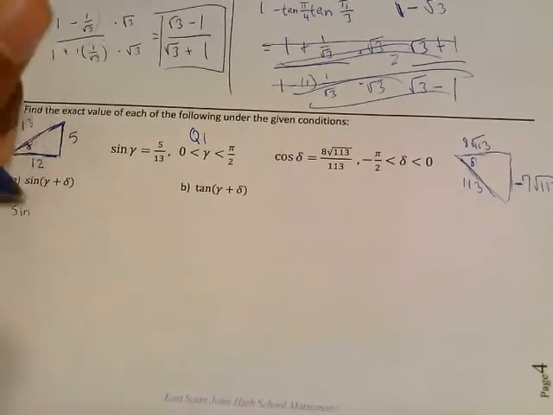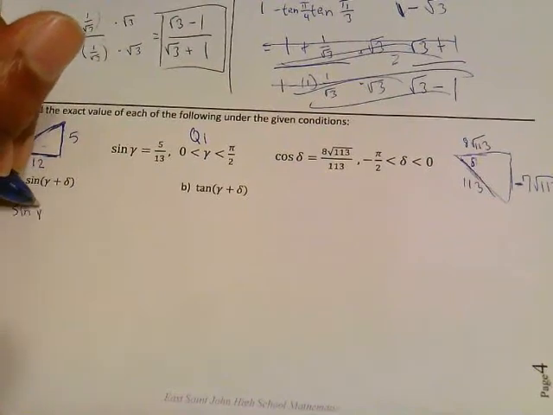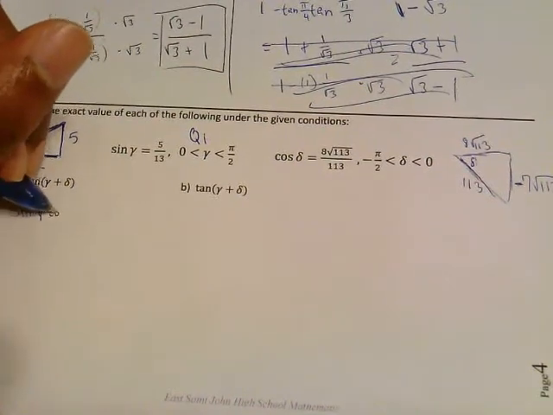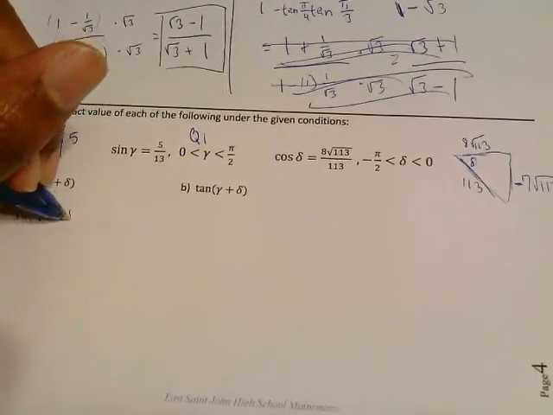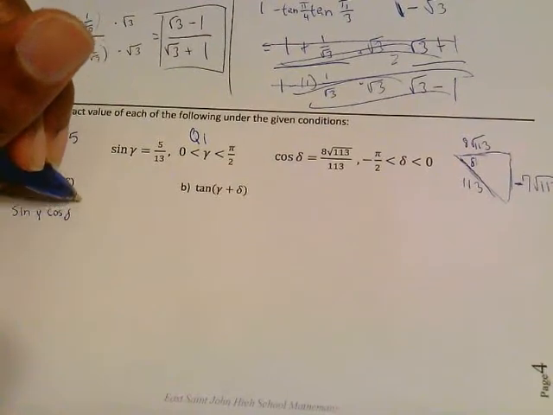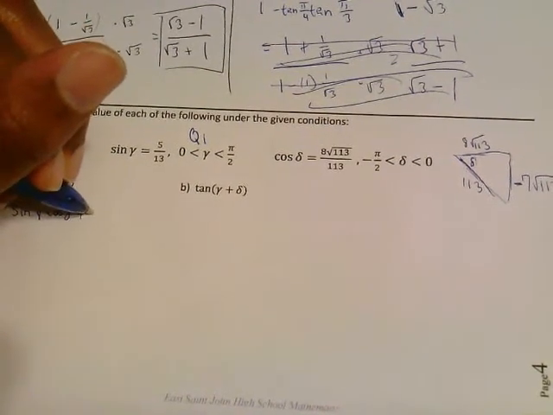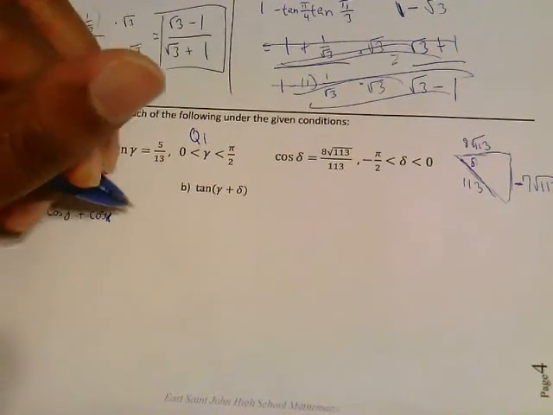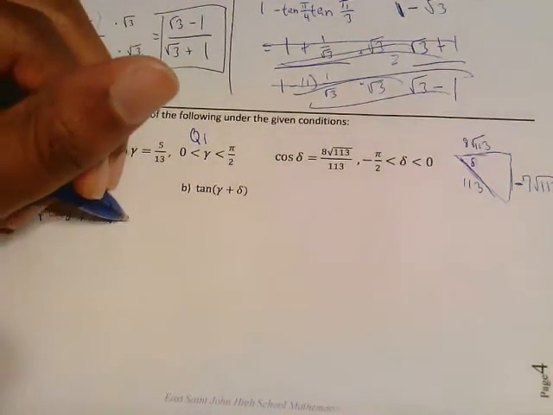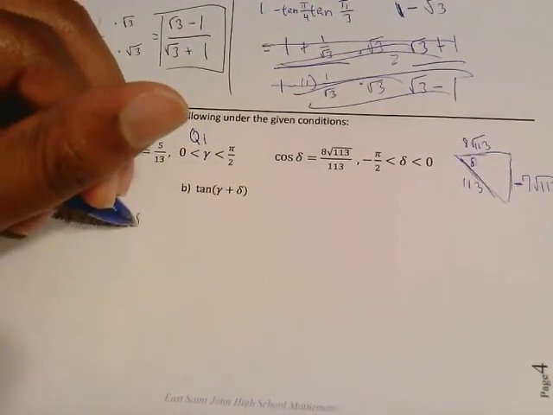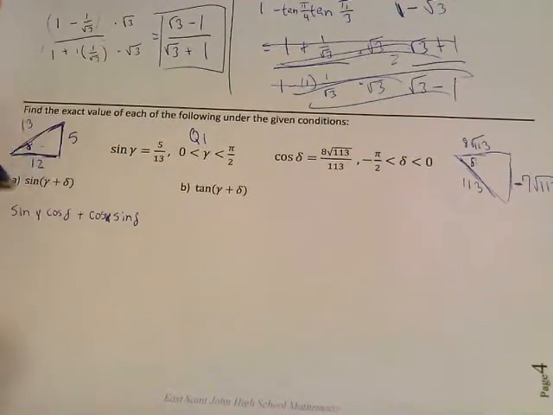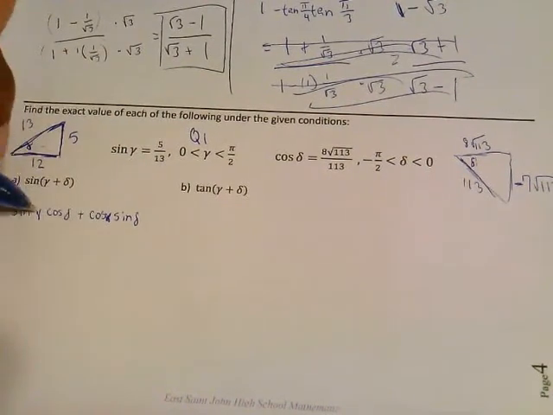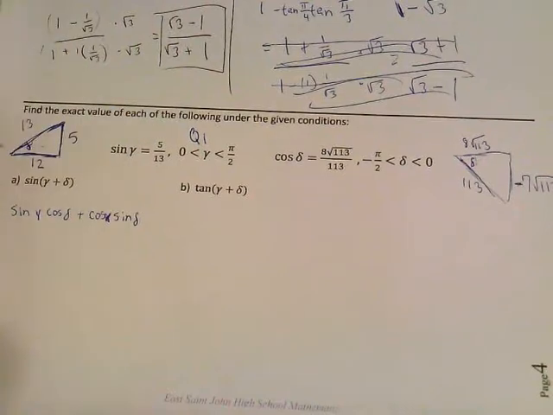That will give us sine of gamma cosine of delta plus cosine of gamma sine of delta. And then we just evaluate, and we plug in our values for sine and cosine of gamma and delta based on our triangle.